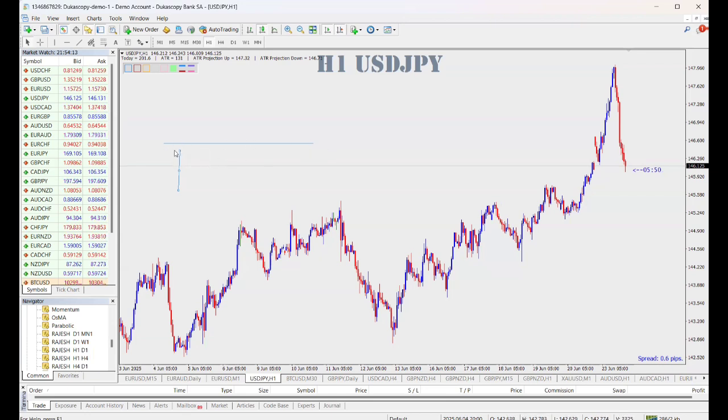So we have our resistance here, and let's say price breaks it. It retraces, and then it continues. Guys, our FTR would be the ending point in which price broke our key level all the way down to the retracement.